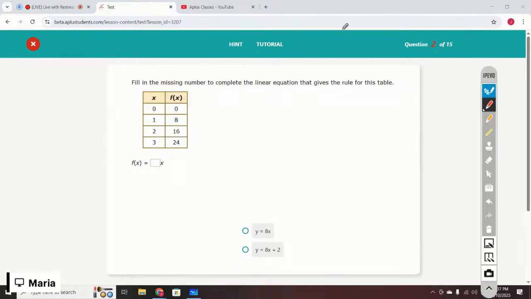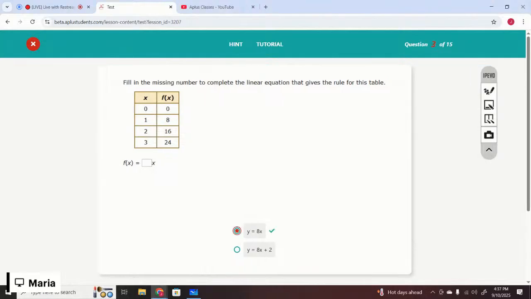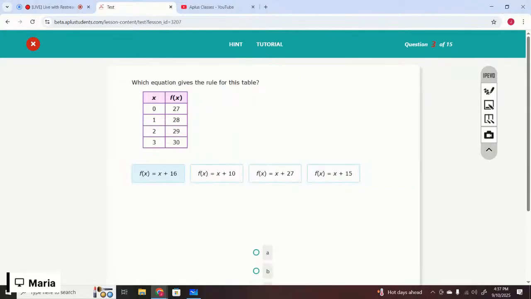That is y equals 8x because the y-intercept is 0. The 0, 0 means the graph is passing through the origin. So the y-intercept is 0.